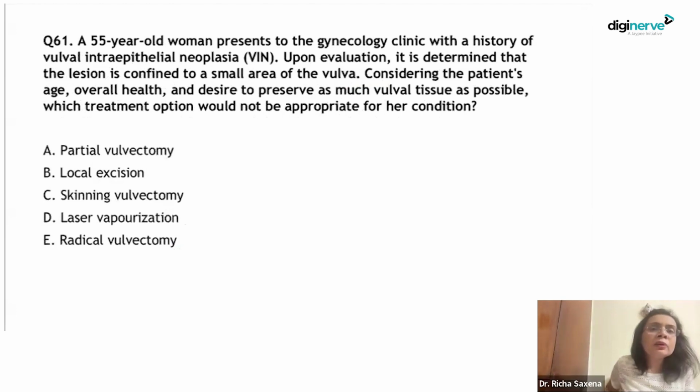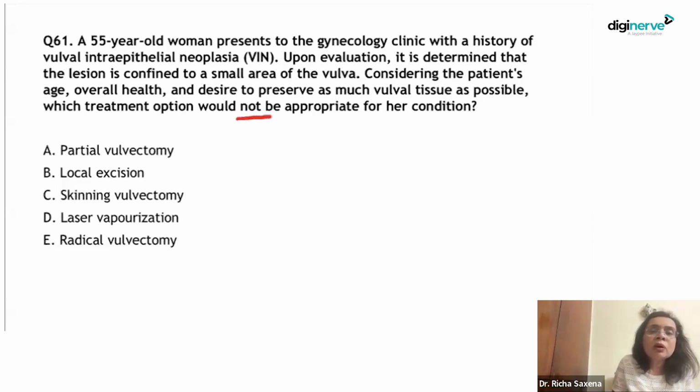A 55-year-old woman presents to the gynecology clinic with a history of vulval intraepithelial neoplasia. Upon evaluation, it is determined that the lesion is confined to a small area of the vulva. Considering the patient's age, overall health, and desire to preserve as much vulval tissue as possible, which treatment option would not be appropriate for her condition? Again, read the question very carefully: not appropriate.